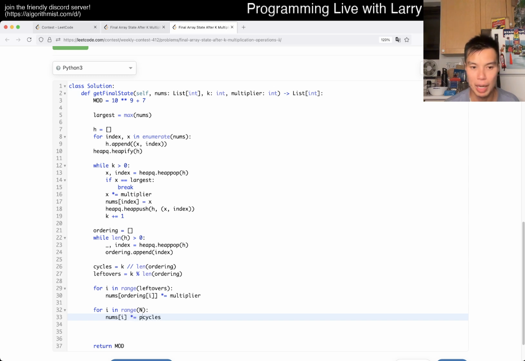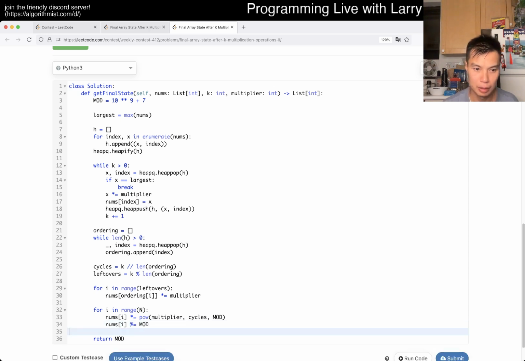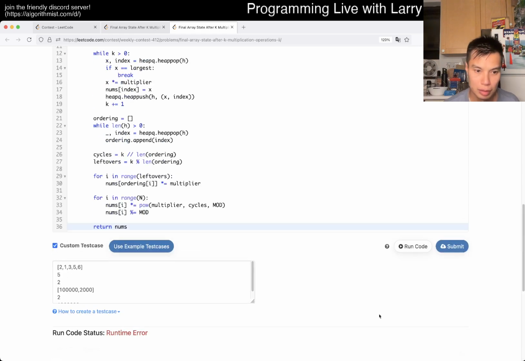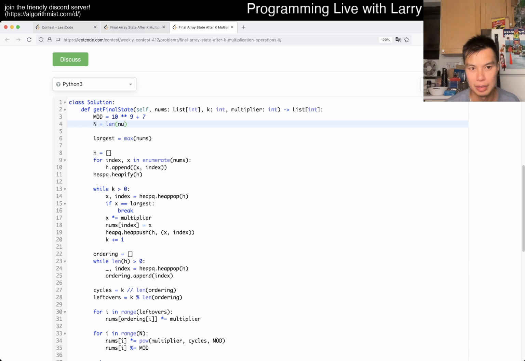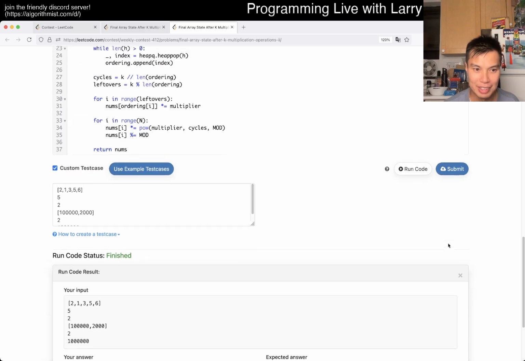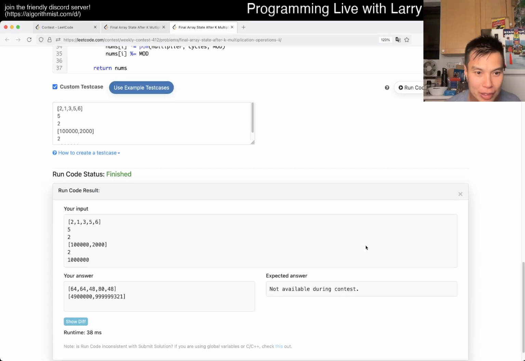So it's going to be pow of multiplier, cycles, and then mod, right? And then nums of i mod. Oof, and it's not defined. And that's not right. I was going to do YOLO submit. There's a minute left. Maybe I could still YOLO submit.